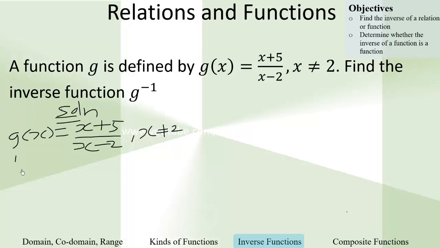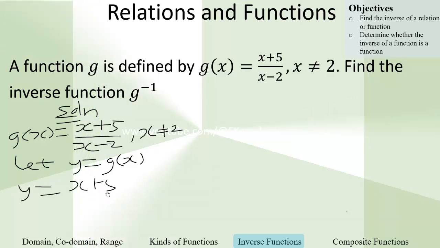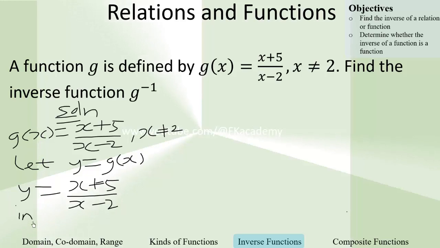Now we let y to be equal to g of x. So y will be equal to x plus 5 over x minus 2. So we interchange x and y.